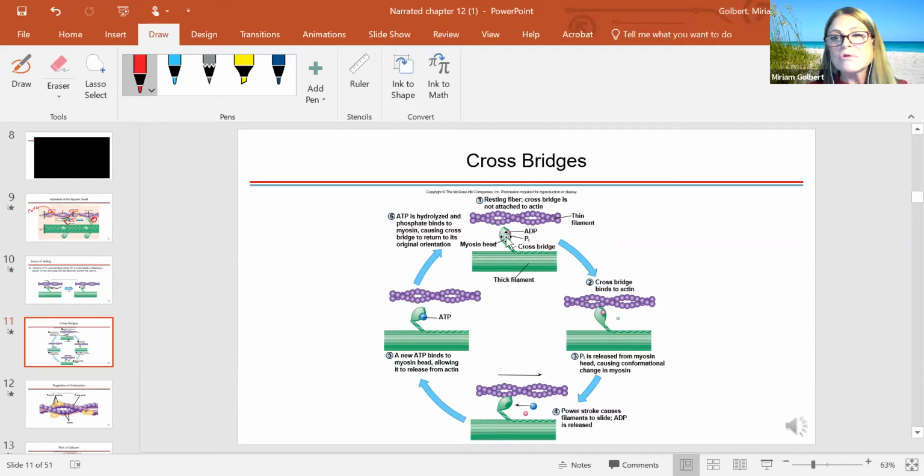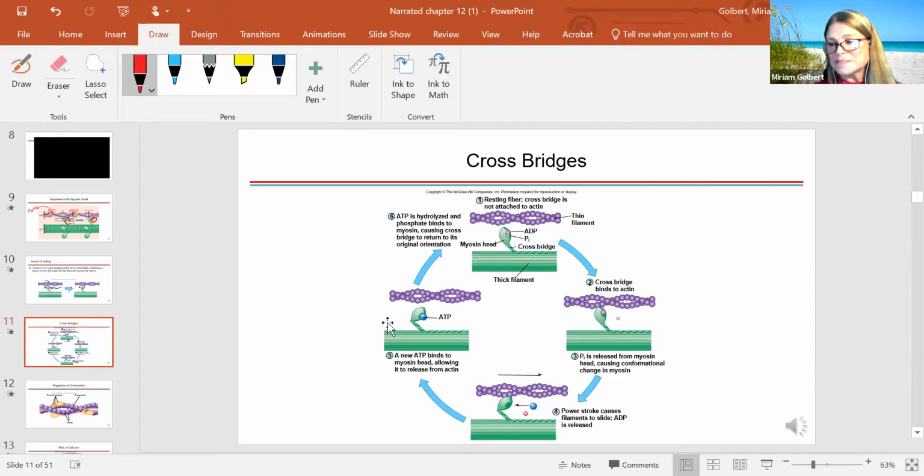When you make the cross bridge, you have to hydrolyze the ATP molecule into ADP and phosphate. That can cause the cross bridge and the power stroke. That's what we have the energy for. And when we bind ATP, we detach, and that means relaxation. Yay. Got it.